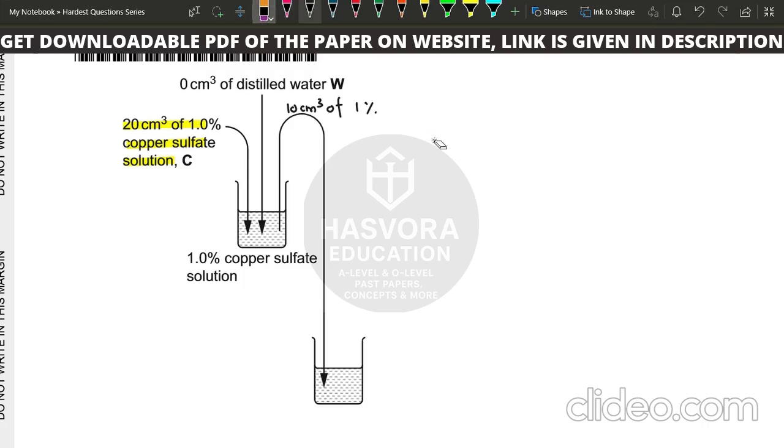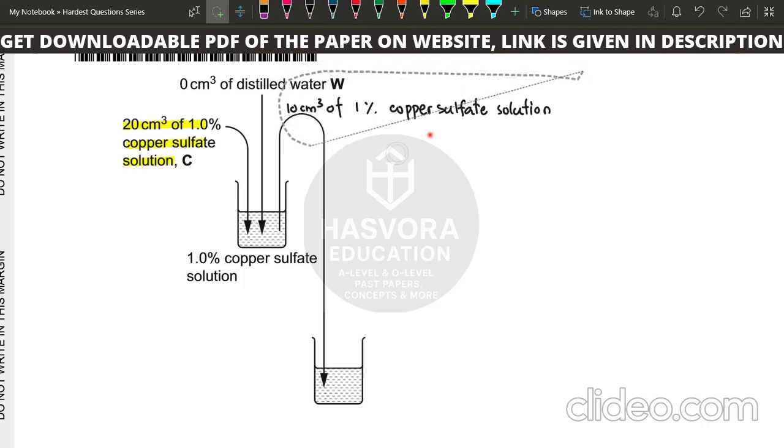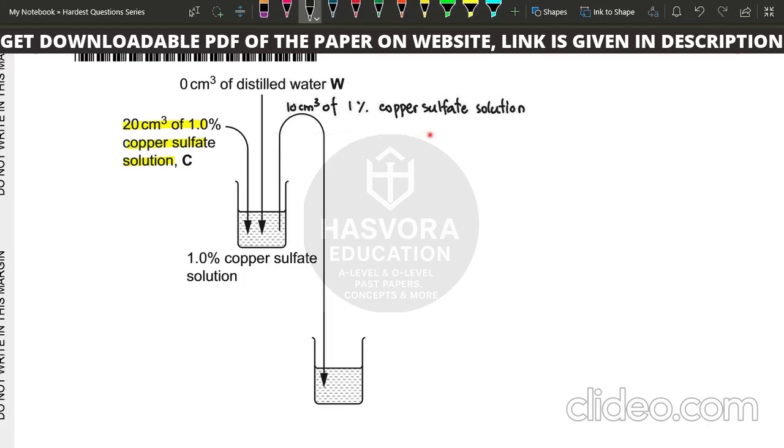So 10 cm cube of copper sulfate solution. I am transferring 10 cm cube of copper sulfate solution, and then I will also add 10 cm cube of water to it. This is for the water.